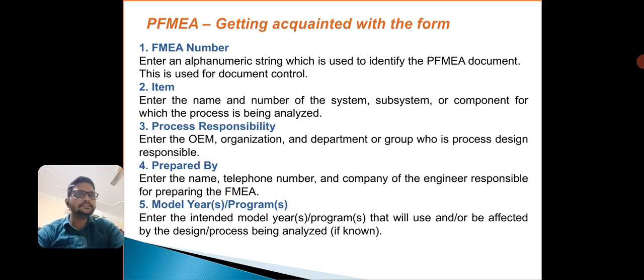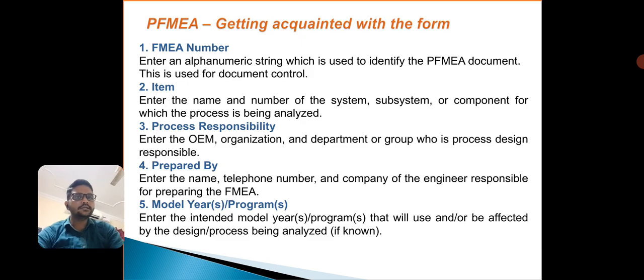For item, enter the name or number of the system, subsystem or component processes being analyzed. Next is process responsibility, where you enter the OEM, organization, department or group who is responsible for process design, and who the key persons are. Next is prepared by, where you enter the name, telephone number and company of the engineer responsible for preparing the FMEA.